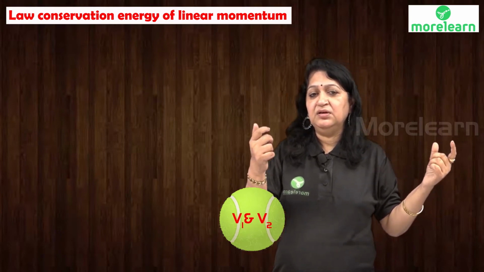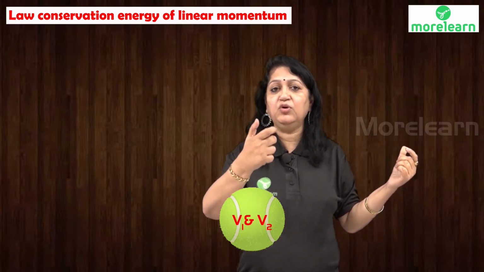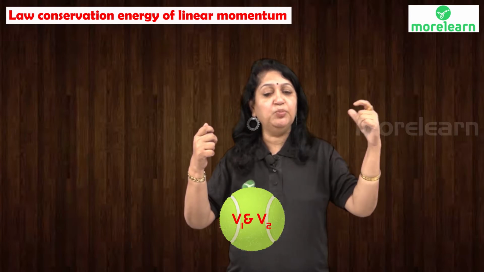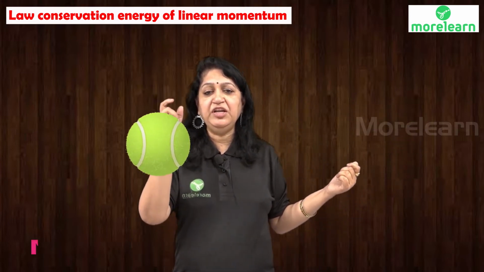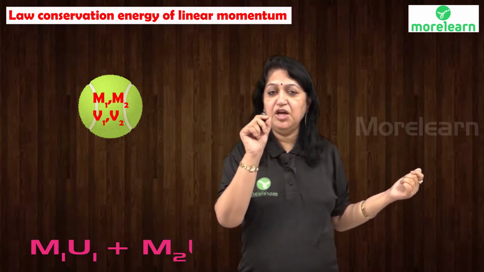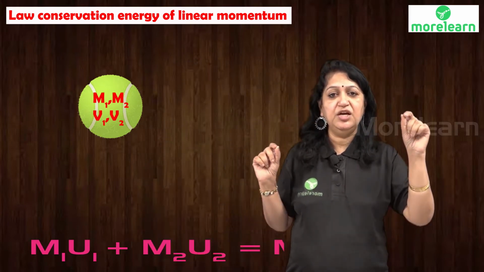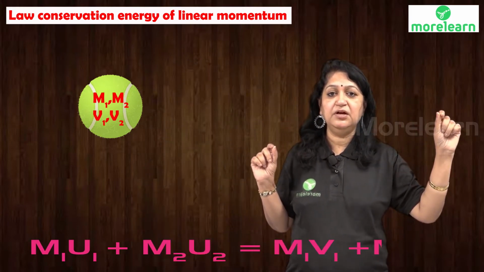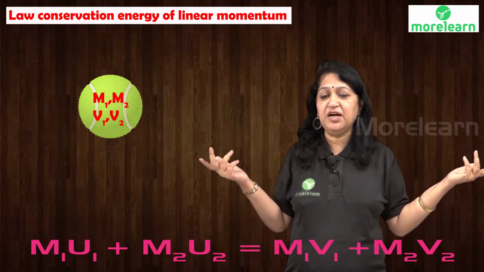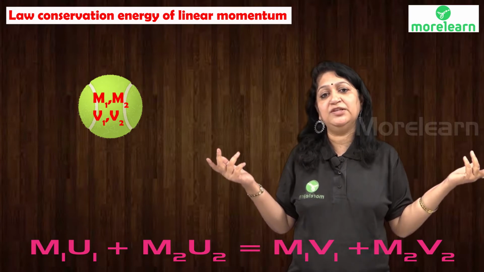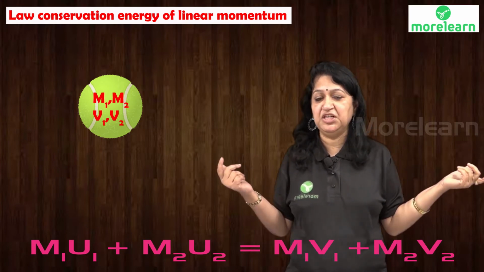Hence, the momentum before collision is equal to the momentum after collision. With that, m1 u1 plus m2 u2 equals m1 v1 plus m2 v2. Here we did not change the mass because there is no change in mass at all, only a change in velocity and momentum.